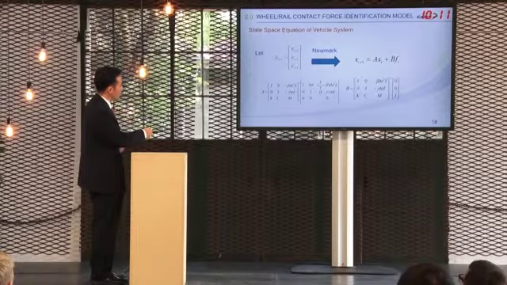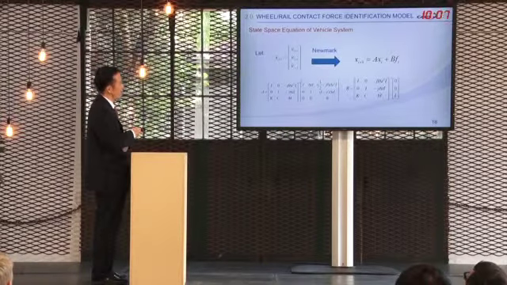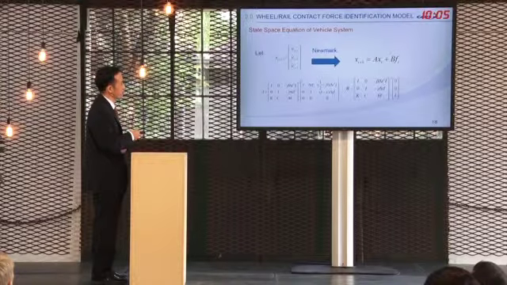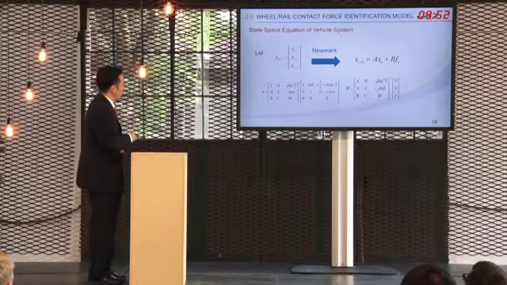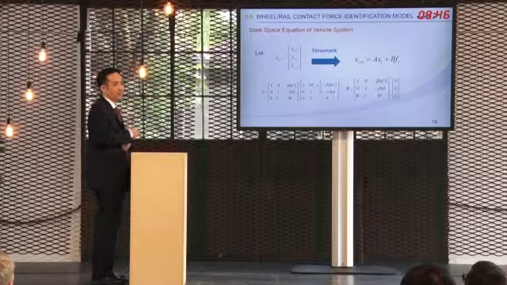After the transformation, we obtain the state equation x_{i+1} = A x_i + B f_i, where x_i is the state variable and f_i is the force. This is the formula of the matrices A and B used in the state space equation.